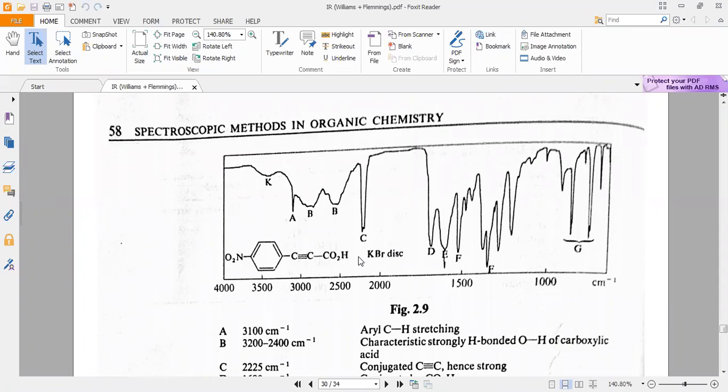The anhydrous potassium bromide is mixed with this and ground, and then we have a machine, which is a press. We apply more than 60 kilograms, or higher than what it marks, and it presses this. Once it's pressed, it forms a disc.